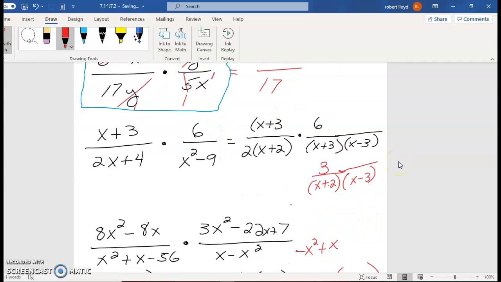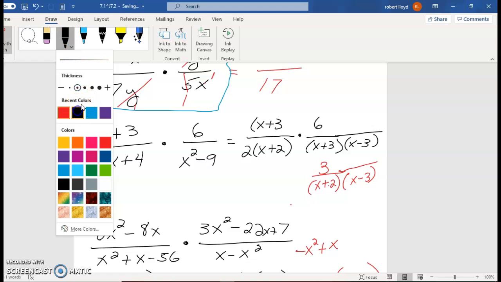Okay, so we're going to get into a little more complicated ones here. Our first one times our second one. Again, you want to factor numerators and denominators. So x plus 3 stays as it is.